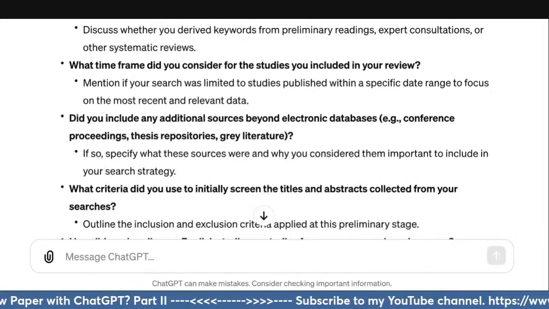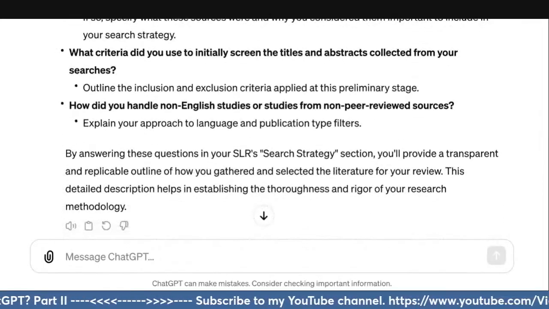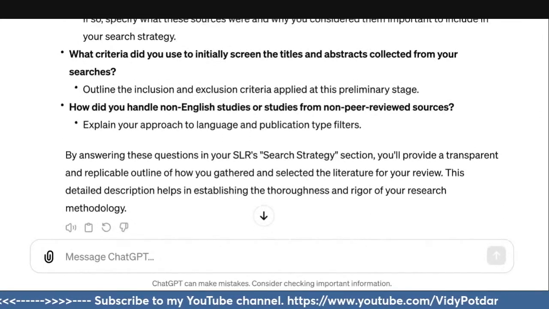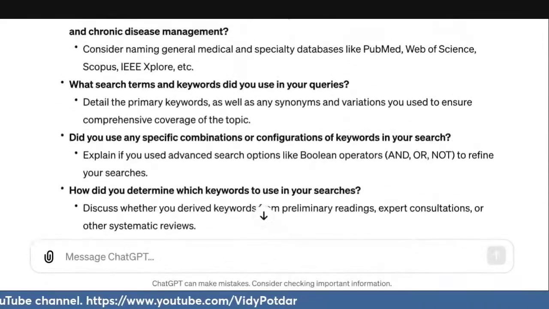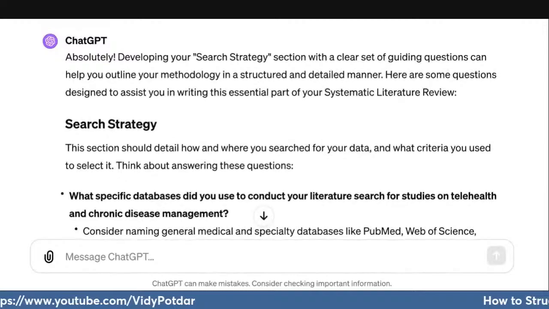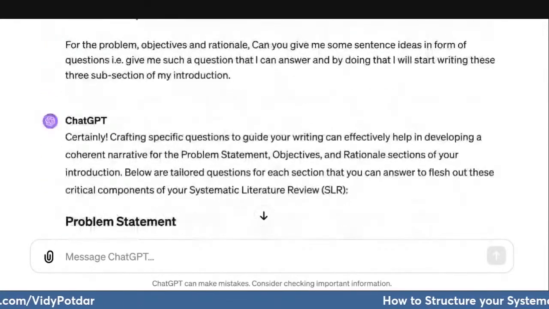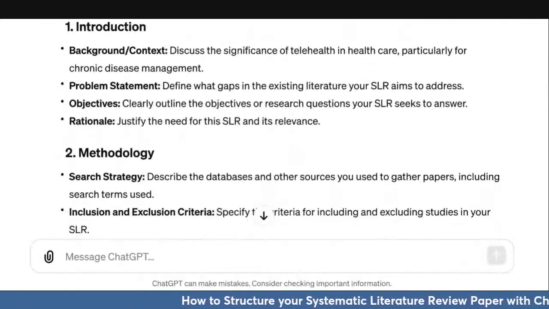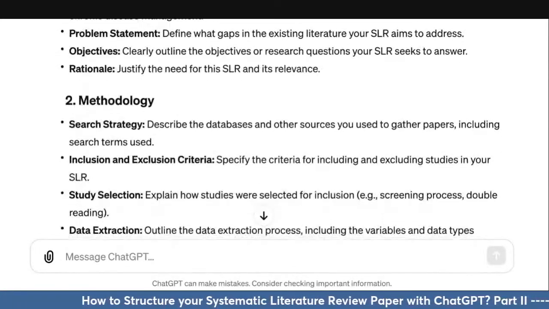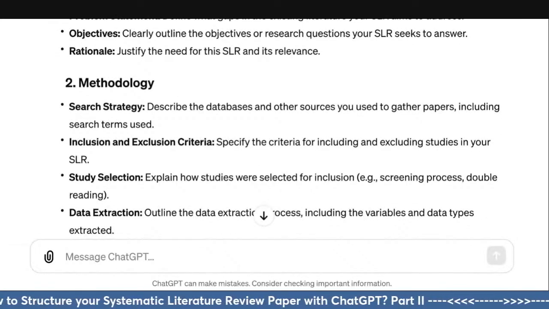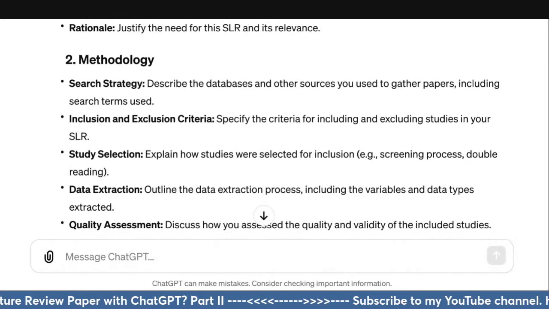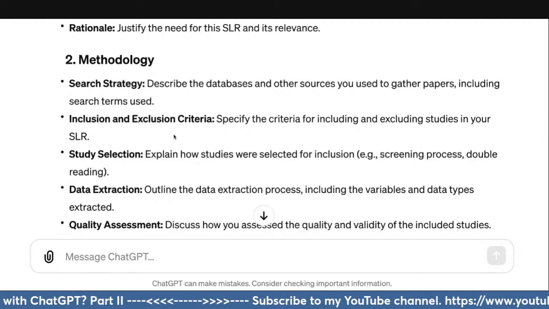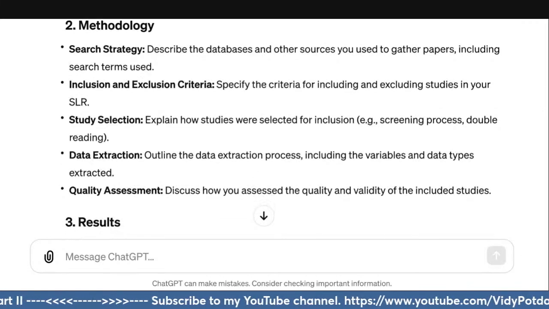So see, these are all different ideas and suggestions that you can use to start writing different sections of your SLR paper. What I would like you all to do now is follow this approach, this strategy, which I call a questioning strategy. You ask ChatGPT to give you questions for different sections, and you start answering them, and thereby start building your SLR paper.